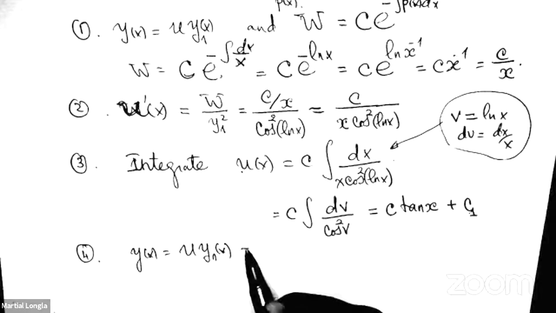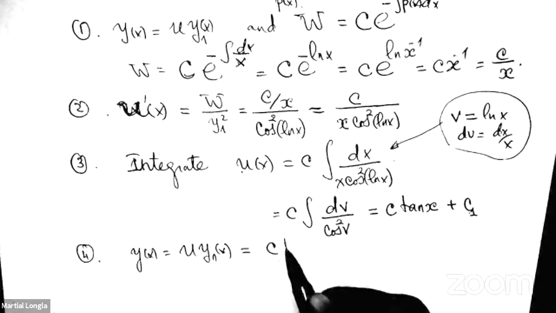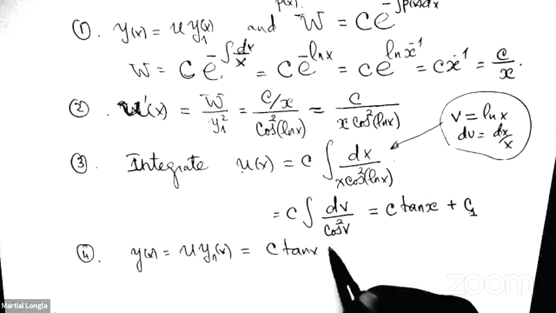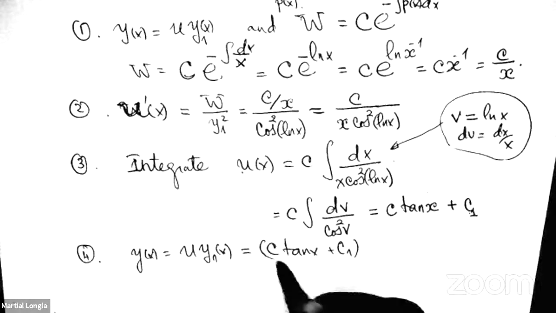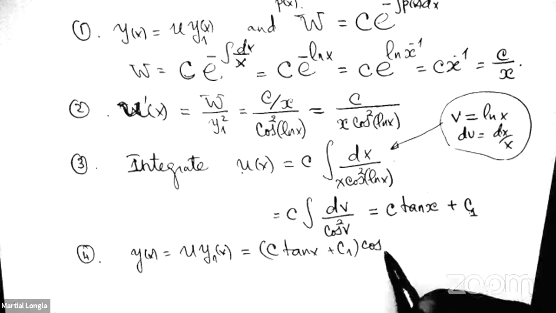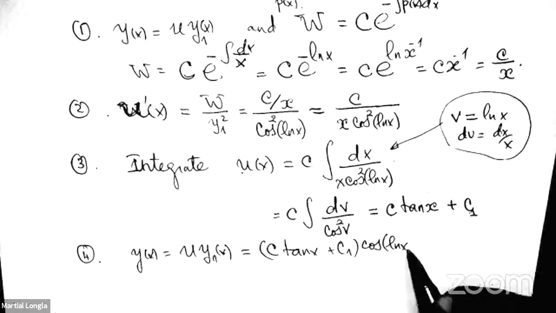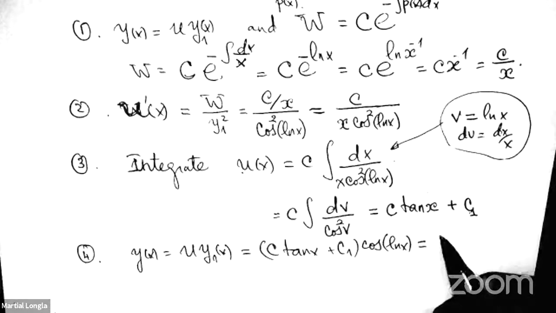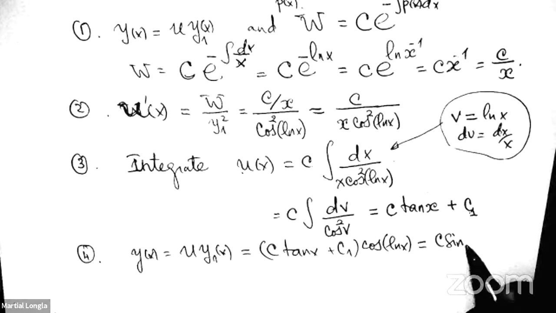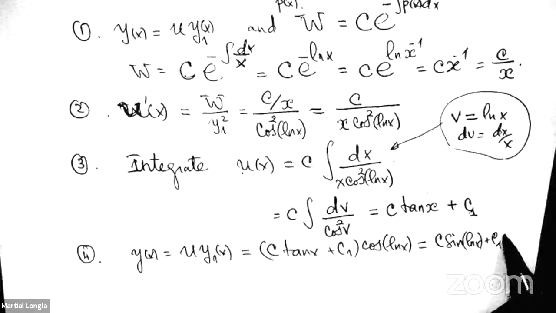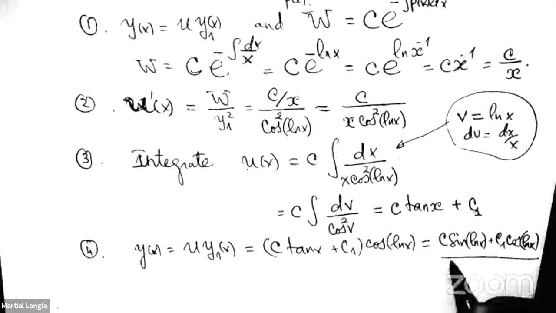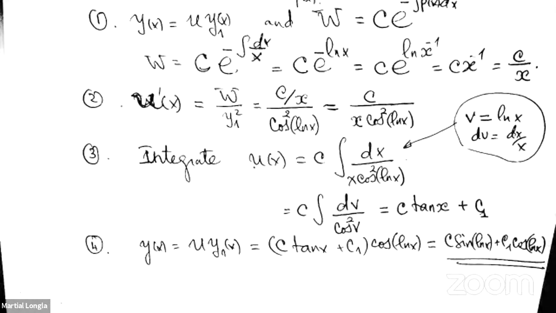And u is c tangent of x plus c1 times cosine of natural log of x. And this is c sine of natural log of x plus c1 cosine of natural log of x. And that's the general solution of the problem.